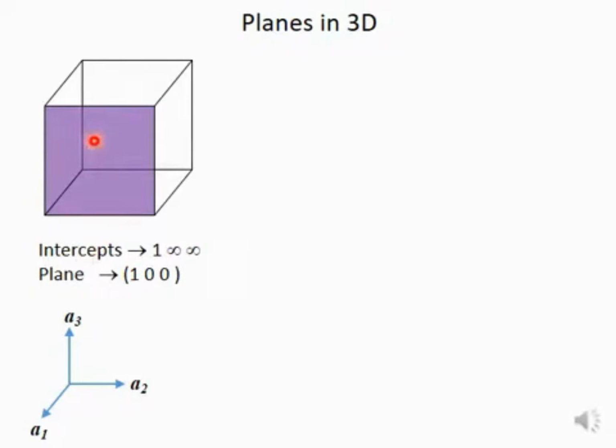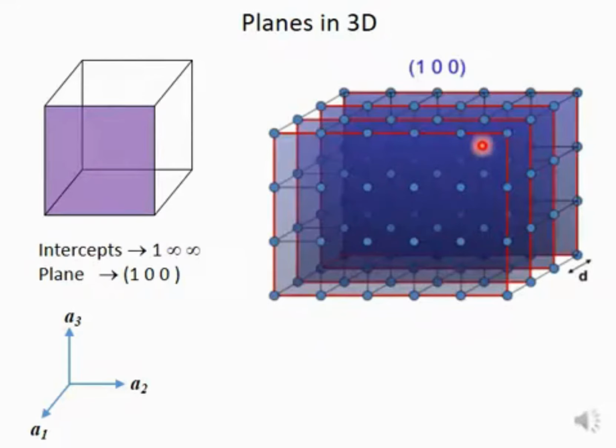You can invert it to get a 1, 0, 0 plane. So this is the plane with these Miller indices. So these are 3 dimensions. You can extend the 1, 0, 0 plane. How the set of planes will be there, this is called the family of planes, the 1, 0, 0 planes of the crystal.